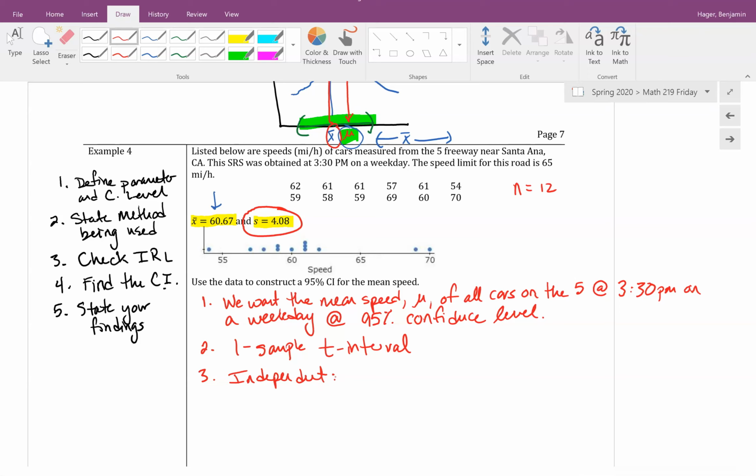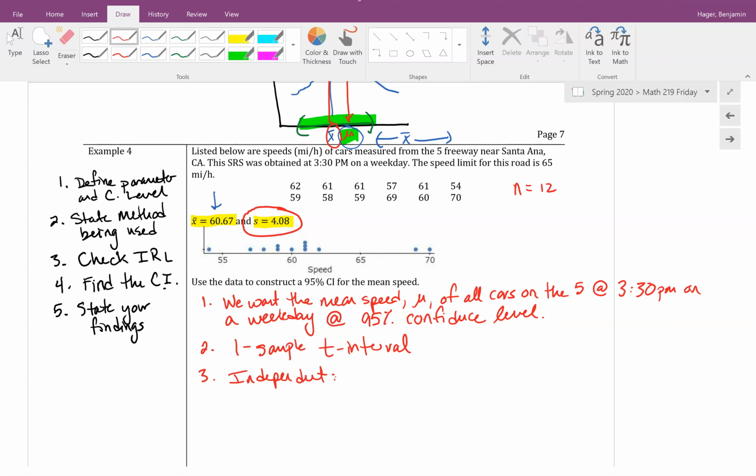If everyone is speeding and driving fast, you're probably driving fast, okay? Or you might be influenced to drive a little faster. So I feel like each of these cars does potentially have an impact on the speed of their neighbor, okay? So that would mean that they are dependent on one another, okay? So they are not independent.